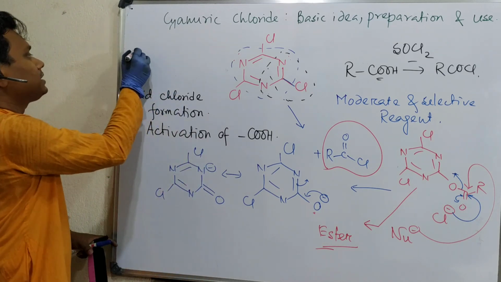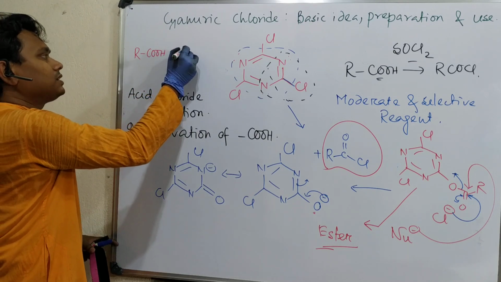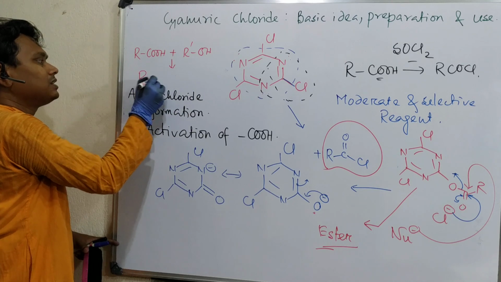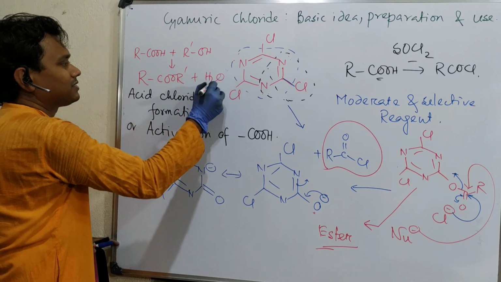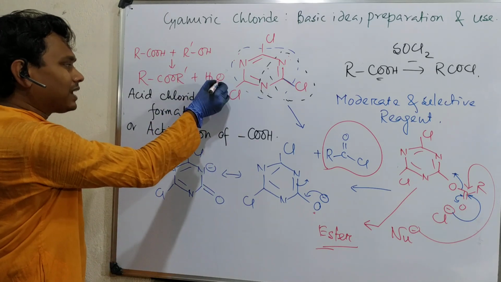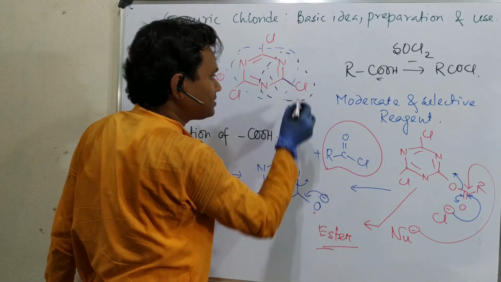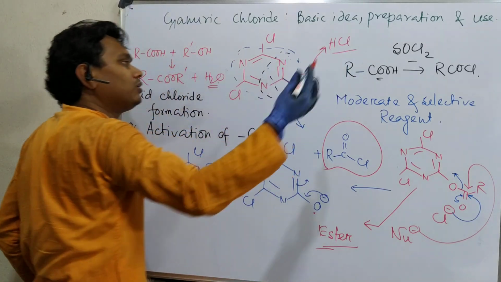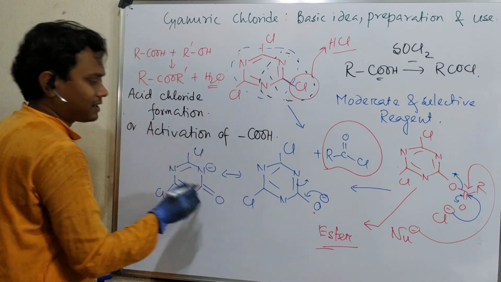Because if you check the reaction, for example, RCOOH plus R prime OH, and you want to prepare RCOOR prime, what is the byproduct? Water. Okay, so what happened in this case? From this water, one hydrogen is taken by this chlorine to produce HCl, which goes out. The other OH group remains attached.